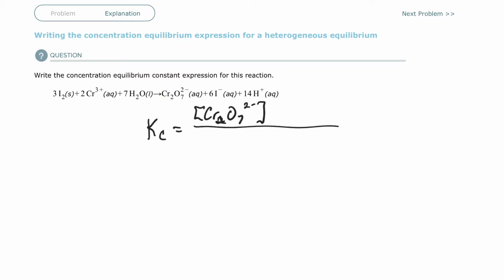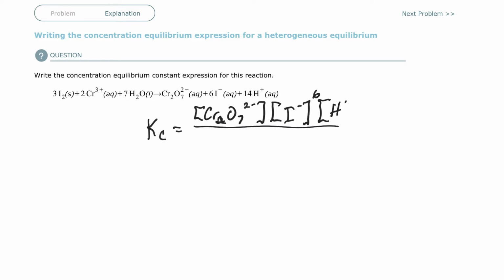There is none, so I just keep going. I make it a product then of the I-. It's fine. So I, the iodide ion, it's got a coefficient of 6. All right, so that becomes raised to the 6th power. And then I keep going.